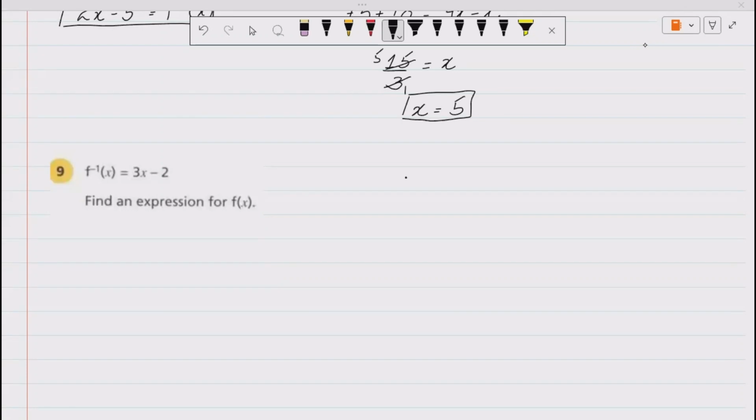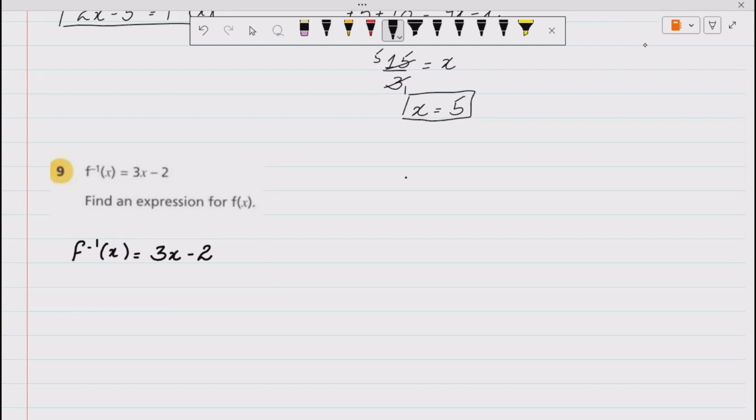Okay, now let's do question 9. Question 9 is, now instead of f we are given f inverse of x, which is 3x minus 2, and we have to find f of x.